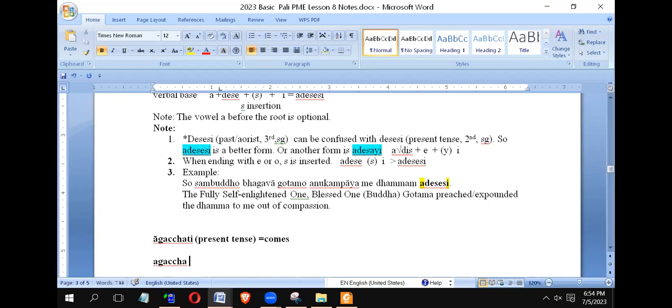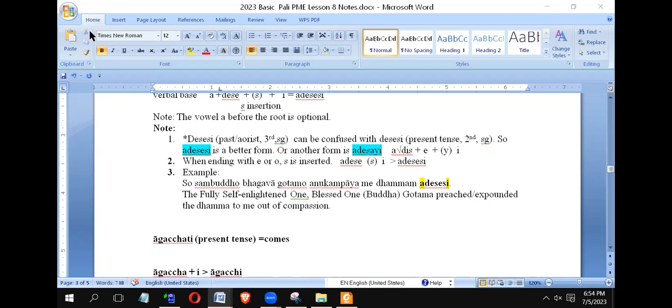So the third person is agachi. You don't need to put the A, because it already has the prefix, so you don't need to put an extra A here. Okay, so we are going to draw a table here.